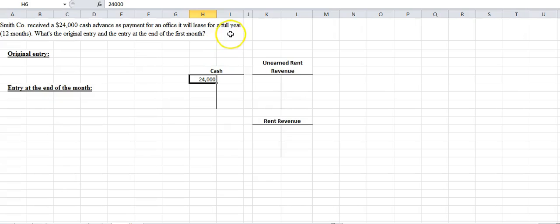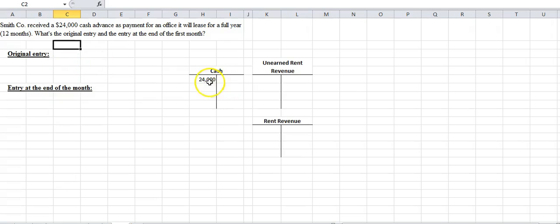So it says this is for a full year, 12 months, and they pay you $24,000. So how much are you charging them per month? Well, that's easy. 24,000 divided by 12, you're charging them $2,000 a month, right?